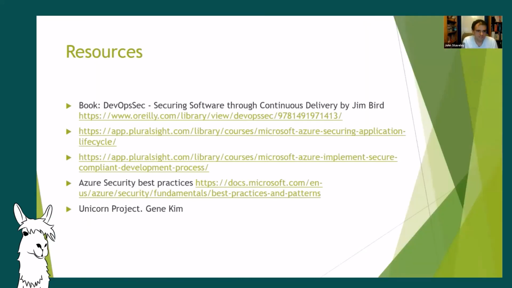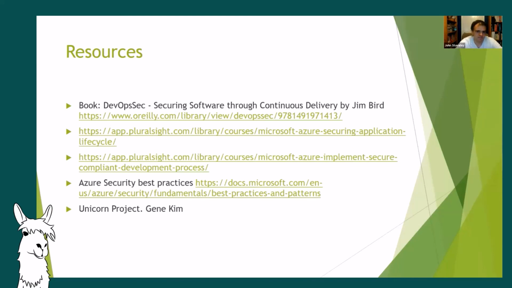So there are some resources that will help you on your way. The method I take is this O'Reilly book. It's where the diagram comes from. This is the best resource I found on what he calls DevOps. I call it DevSecOps. This is a really excellent resource on how to build security into your pipeline.